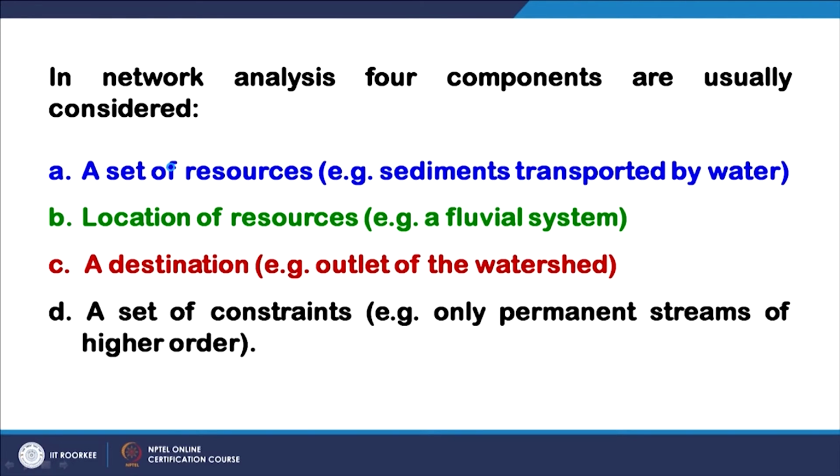For example, in a natural drainage system, only permanent streams of higher order will have water. Otherwise, generally you do not have water, so those are the perennial streams being discussed here. So, 4 components are usually required before network analysis.